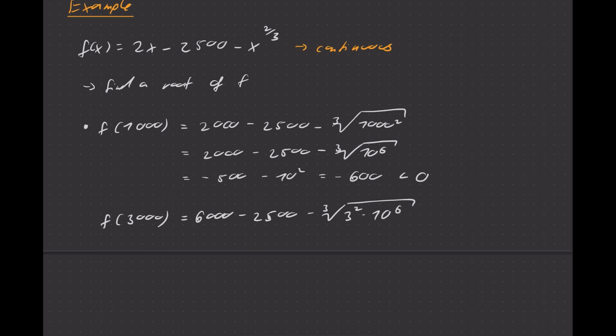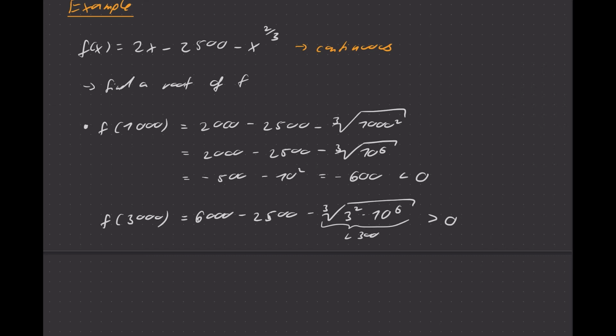And that means what we get here is, again, this 10 to the 6 will give us a factor of 100. And then we have this factor of third root of 3 to the power of 2. Now that's less than 3, so this whole thing here is less than 300. And that means 6000 minus 2500 minus something that is less than 300, that is certainly going to be positive.